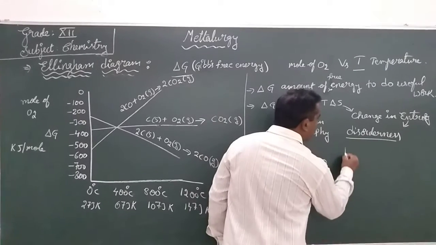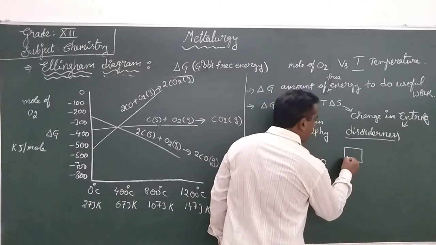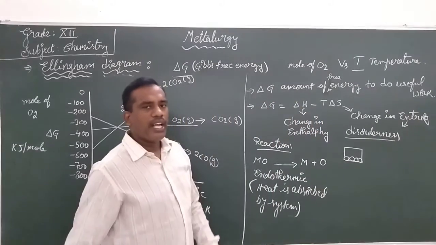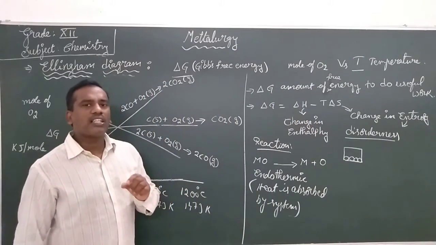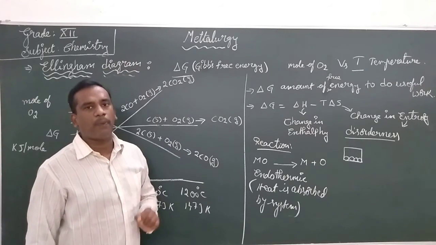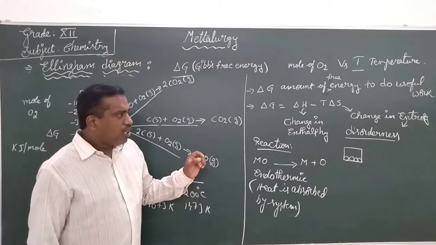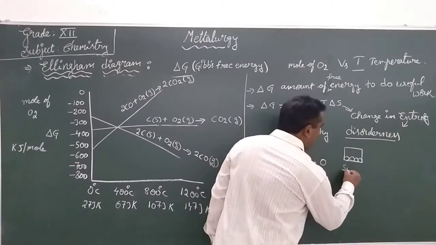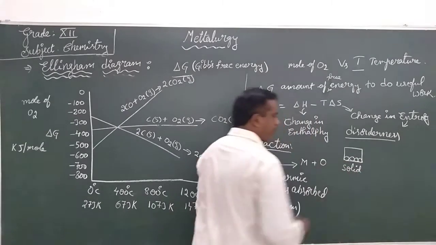It is a solid state. Shall we come to the basic point? In solids, how are the atoms arranged? They are arranged in very close packing, in a particular order.